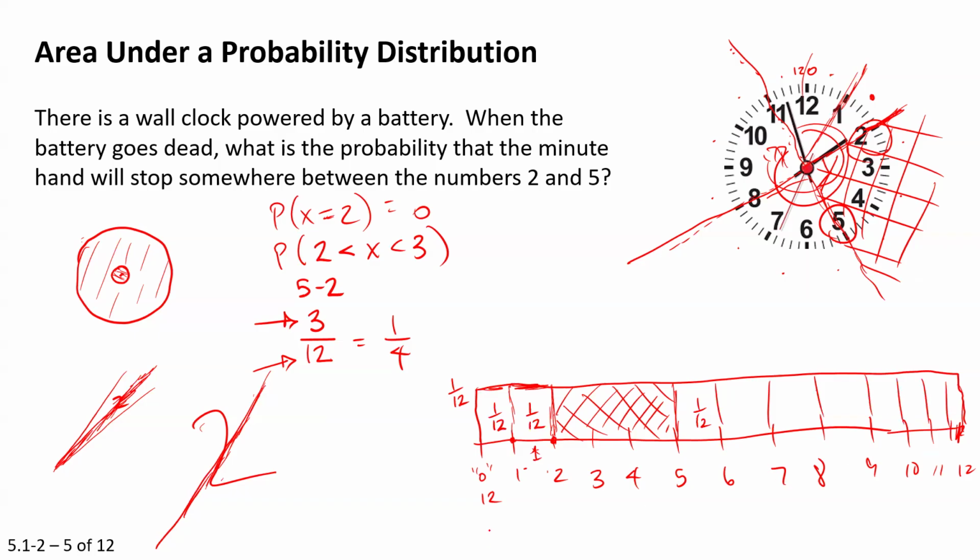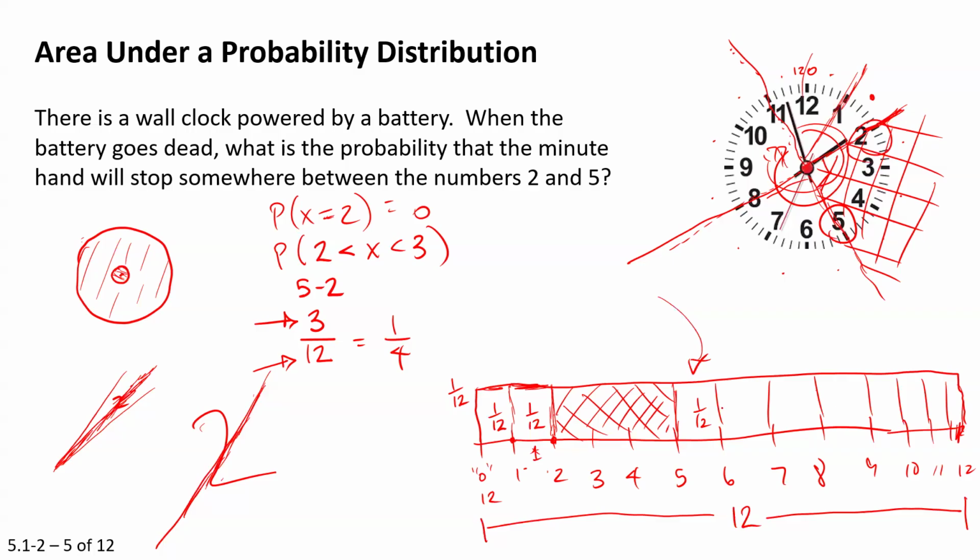Here's another way of seeing this. What is the width of this entire rectangle? 12. And the area underneath the whole probability distribution has to be what? The area under the whole probability distribution always has to be 1, because all the probabilities have to add up to 1.